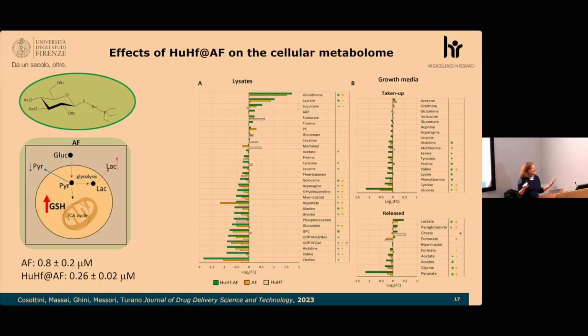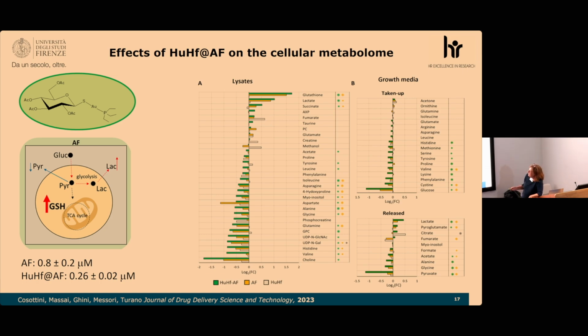We have spent many efforts in identifying the patterns that are altered by the single compounds, drugs or drug candidates. What happens if I treat cells not with a free compound, but with a compound bound on the surface of ferritin? And these are the results for auranofin.